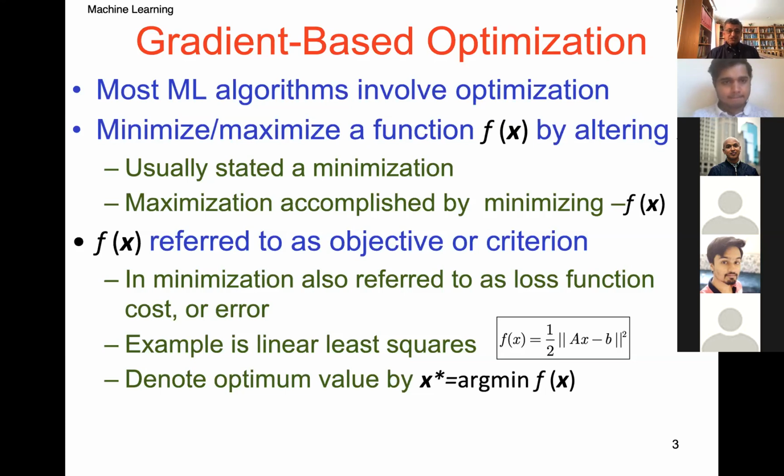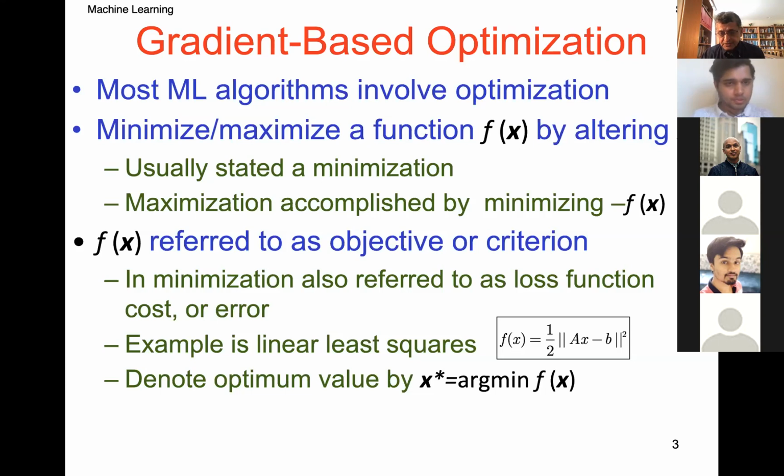F of x is referred to as an objective or criterion. So many words are used. It could be objective function, criterion function, loss function, error function. In minimization, it is also referred to as loss function, cost, or error. It's a bit confusing, but all of these are interchangeable terms as long as we know what we're talking about. An example is linear least squares.